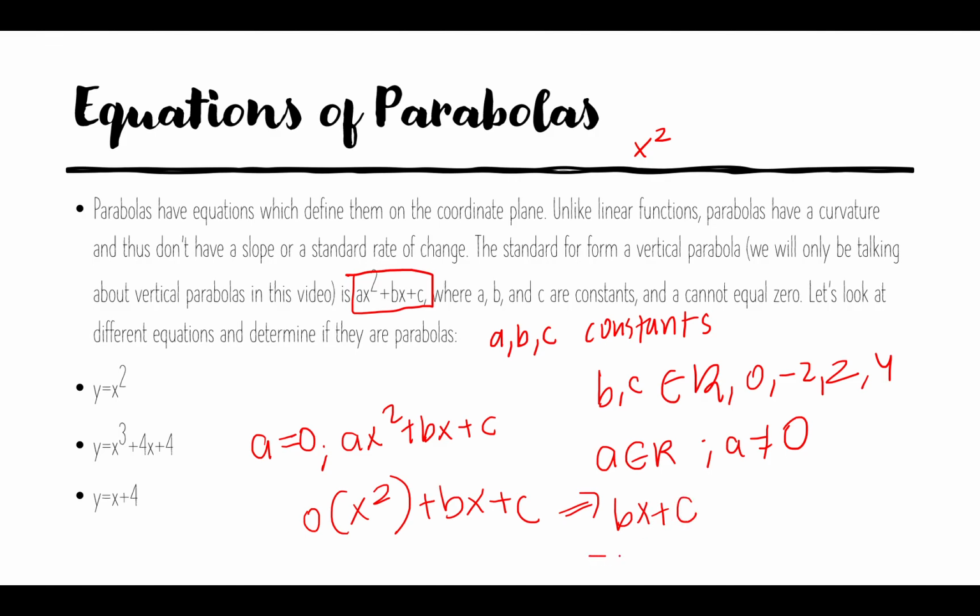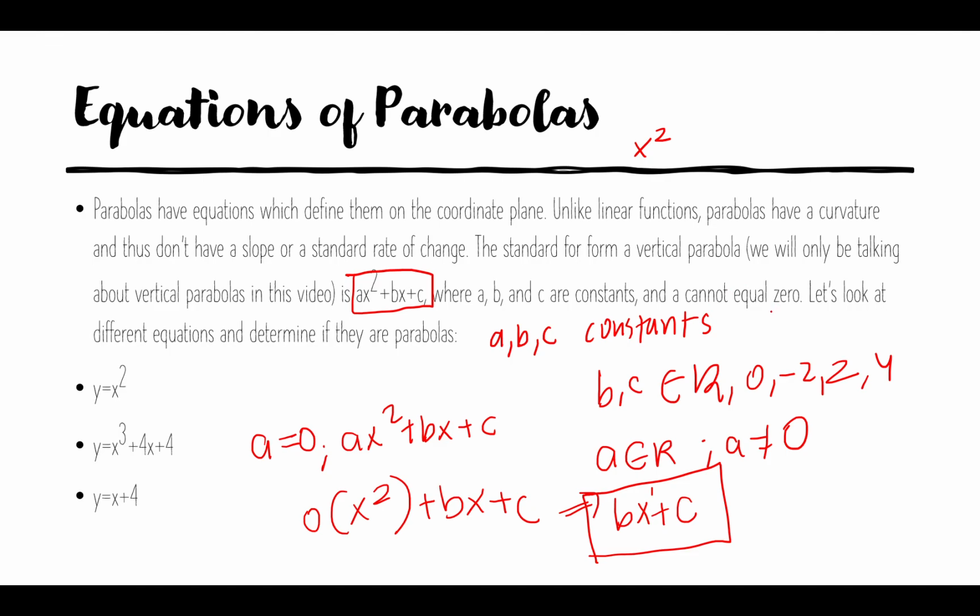As you can see, this is not quadratic. The degree on this equation is 1. There is no x squared term, and thus this is linear and not quadratic. Therefore, a cannot be equal to 0 if the equation is quadratic. If a is 0, it will be linear.